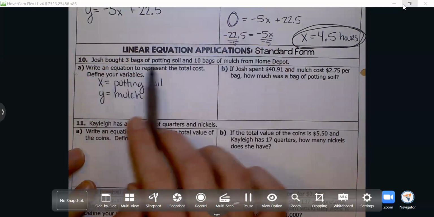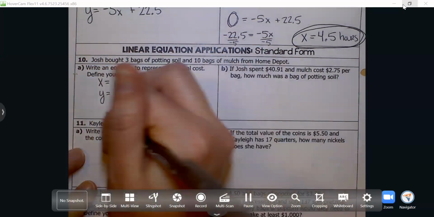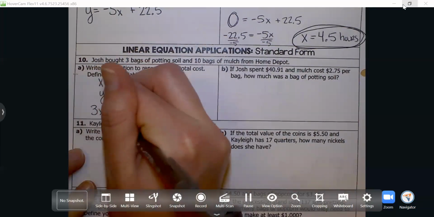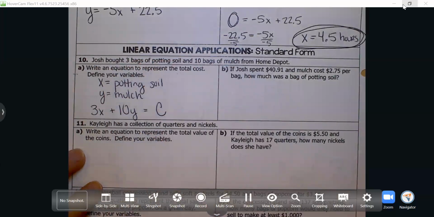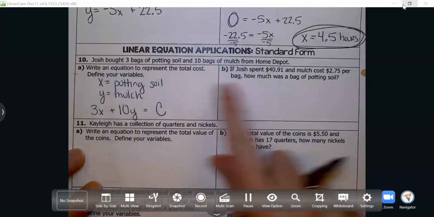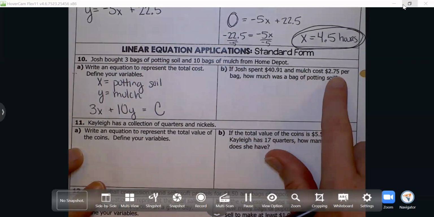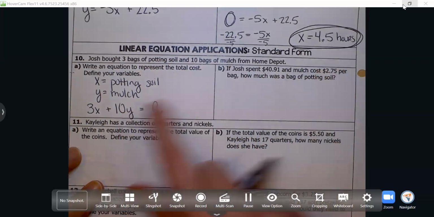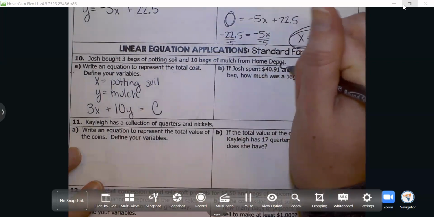And the way I'm going to write this is I'm putting a number next to each of these variables. 3X plus 10Y equals my total cost. And so if Josh spent $40.91 and mulch costs $2.75, let's just plug that in. That's going in the Y spot, and this is going into my cost spot.